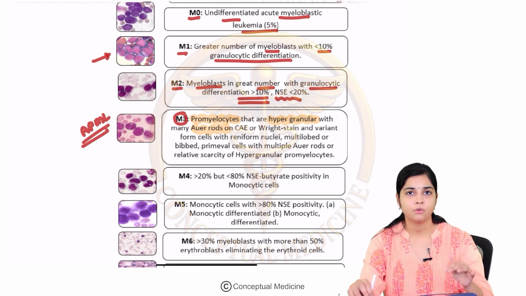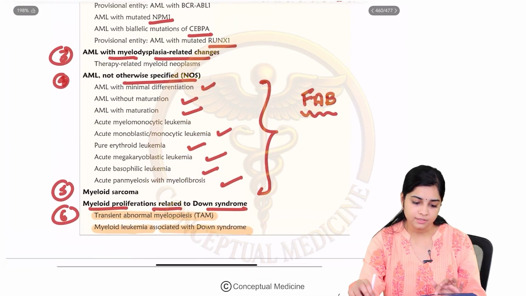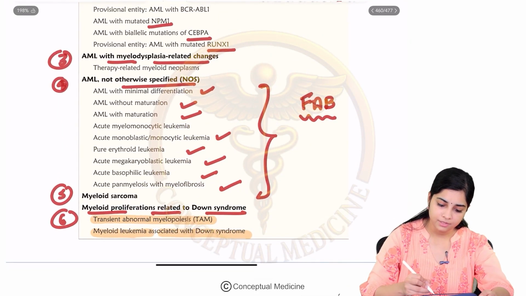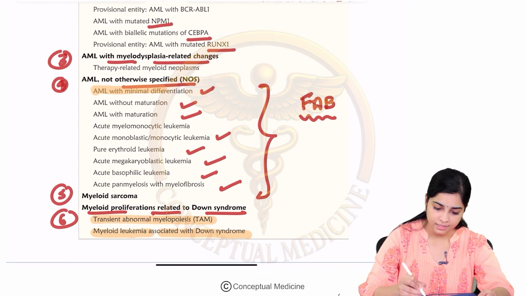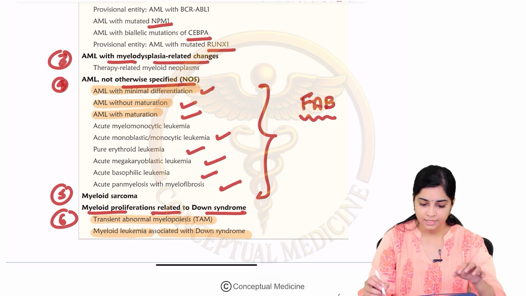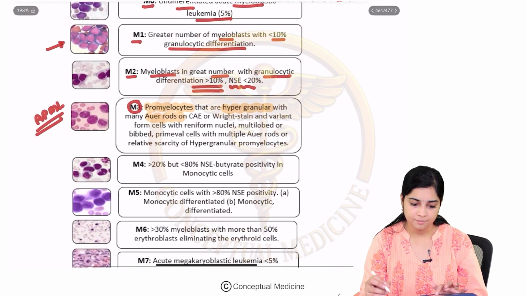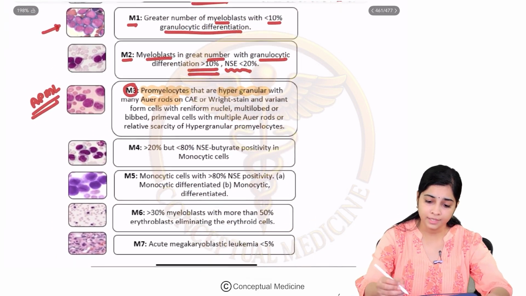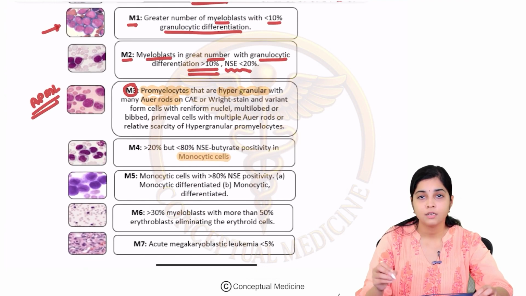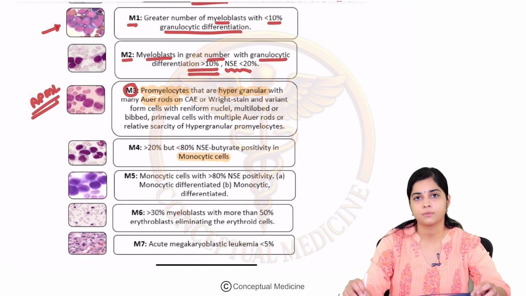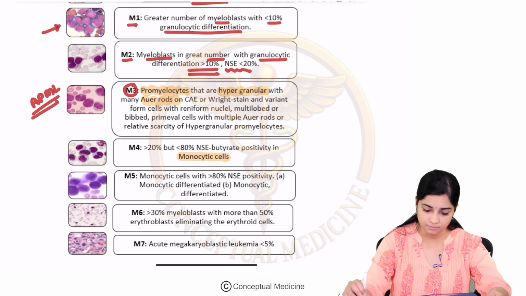So if you just go back into the WHO classification, this is what we are seeing. AML with minimal differentiation, AML without maturation, complete maturation AML, and then we have the APML. So AML M0, 1, 2, 3. Okay. AML M4 has predominantly monocytes. Okay. So acute monocytic leukemia, right?